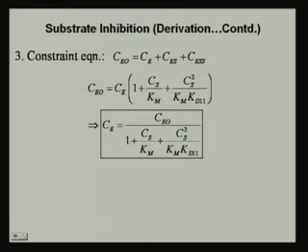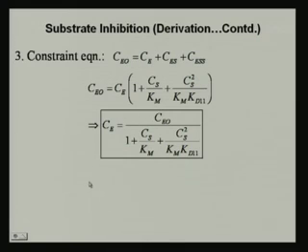So what's my rate now? What's my rate of production of P? It's simply k2 times CES, right?